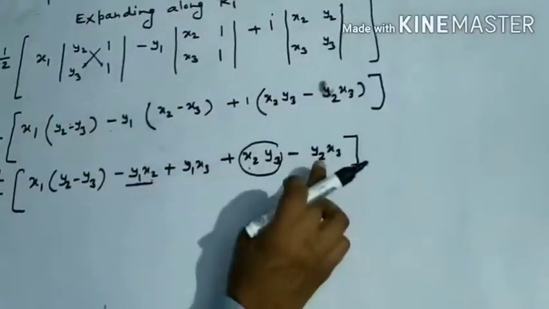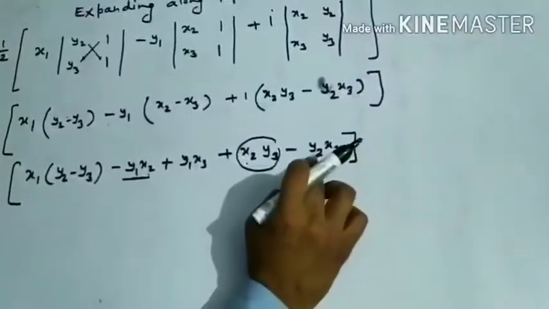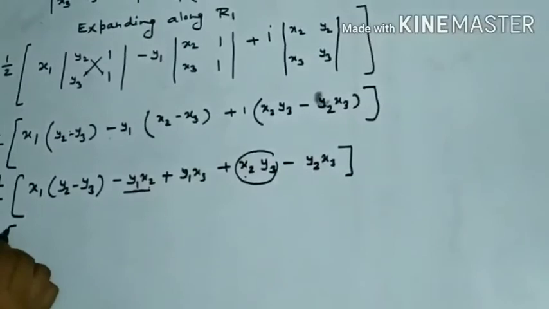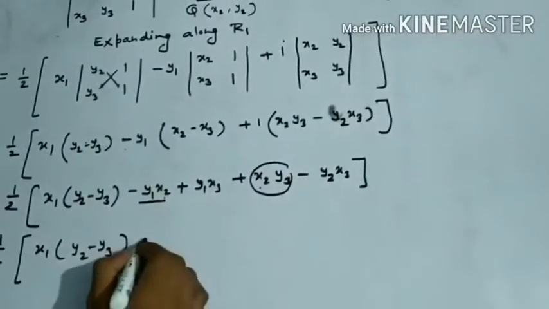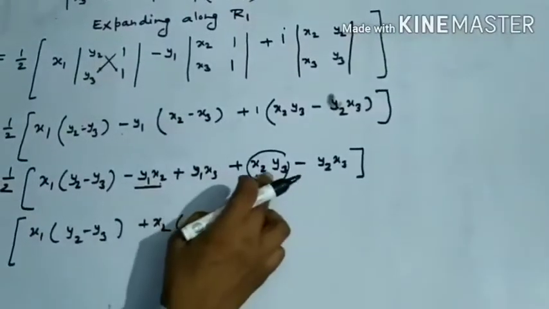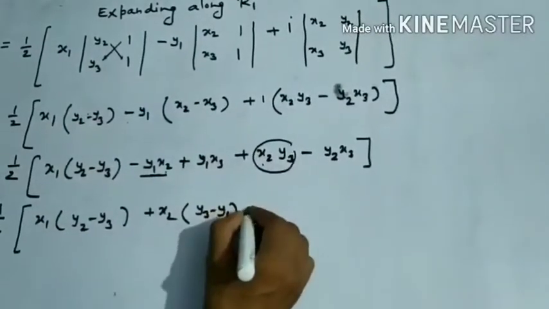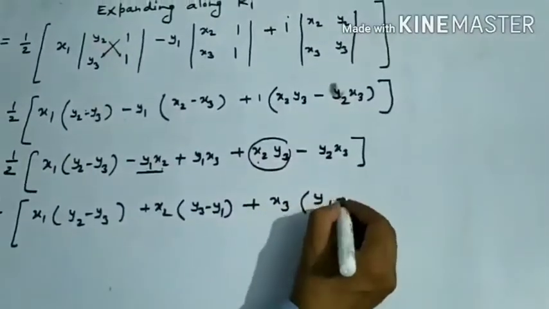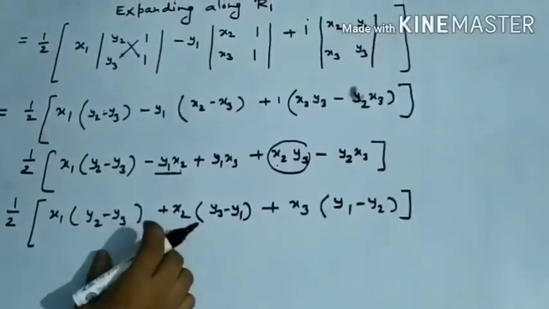And from y1 x3 and y2 x3 we take out x3. So we get 1 by 2 of x1 times y2 minus y3, plus x2 times y3 minus y1, plus x3 times y1 minus y2.